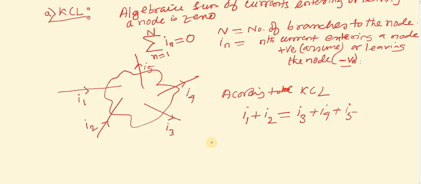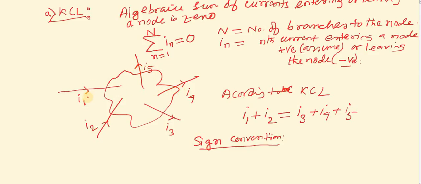Now this natural sign convention of current is important. If we consider current entering a junction as positive, then the currents leaving will be considered negative.